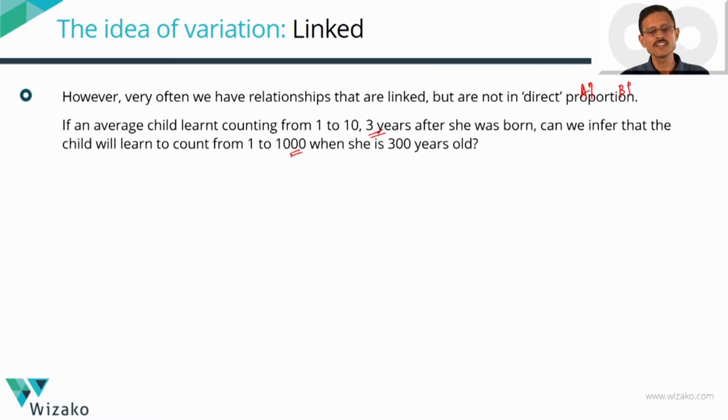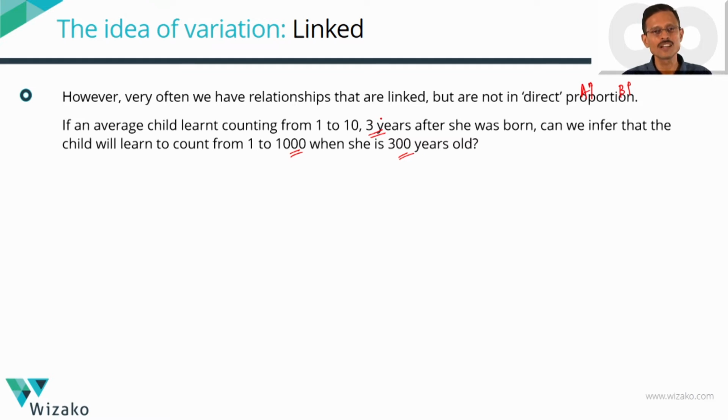Can we immediately infer that she's going to take 100 times as much time and she'll be able to do this only when she's 300 years old? It's obviously absurd, right? As she grows older, her count value is going to increase. Instead of 1 to 10, she'll be able to count 1 to 1000 in more days than it took her to count from 1 to 10. But it is not going to vary directly.